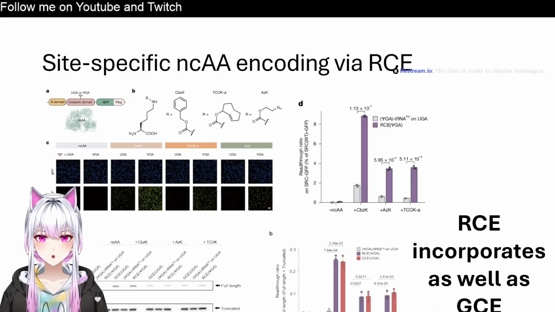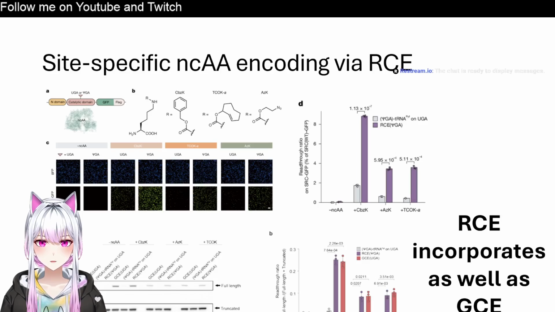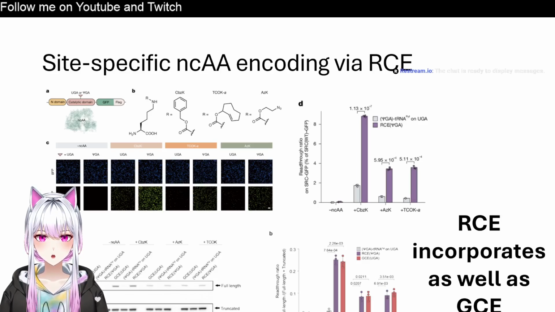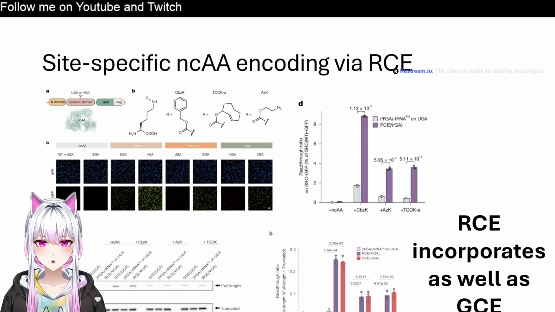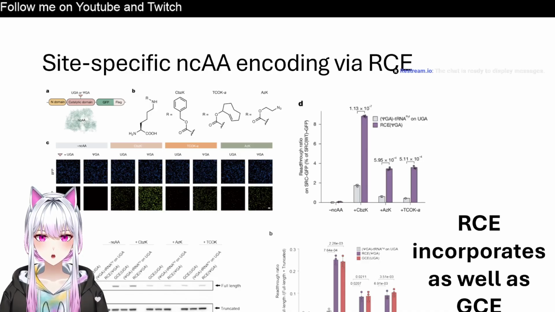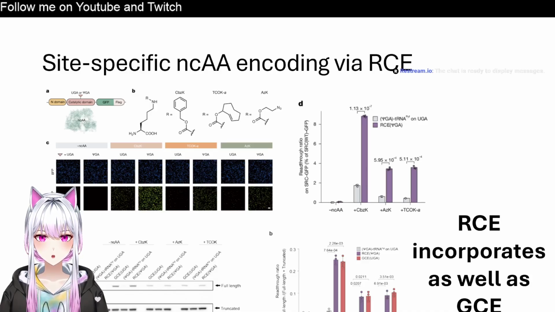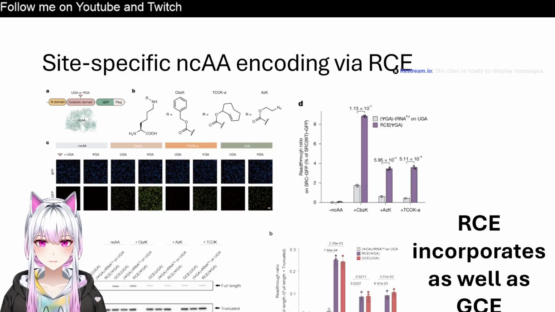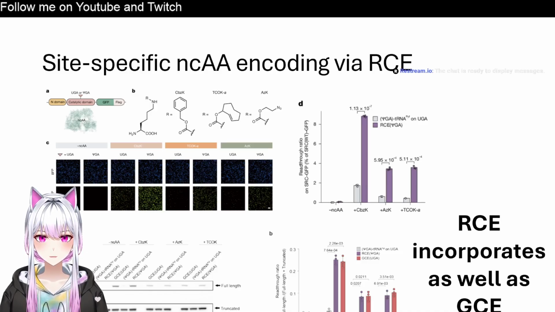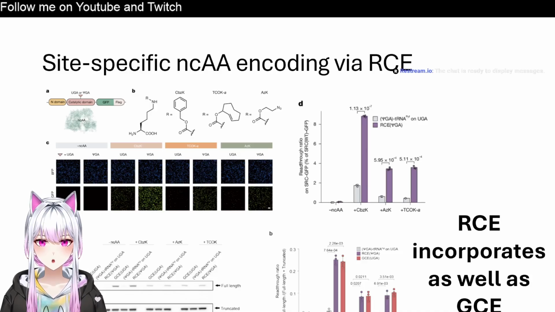So they made a 295 mutated construct, which is non-functional. Only when a non-canonical amino acid is incorporated at this residue site can the protein be activated and be normal again. So you can control the protein function.